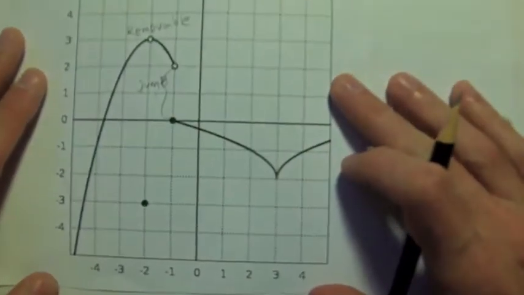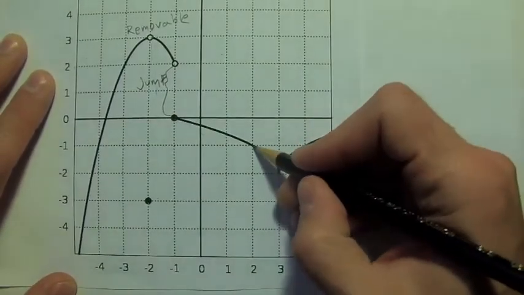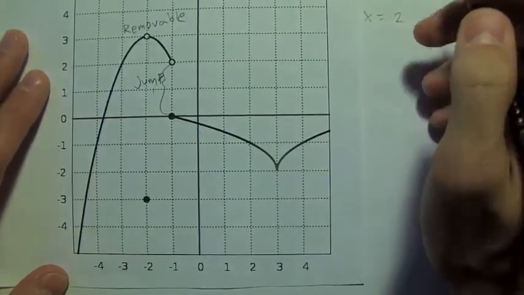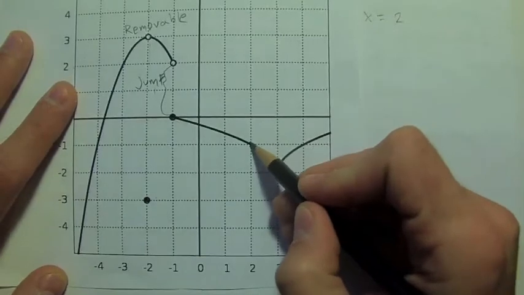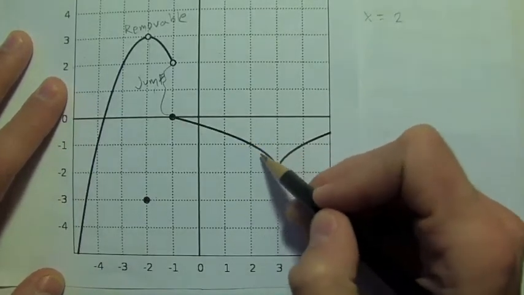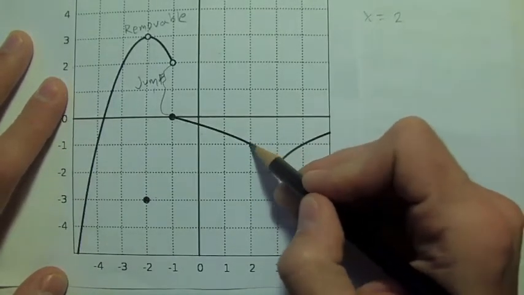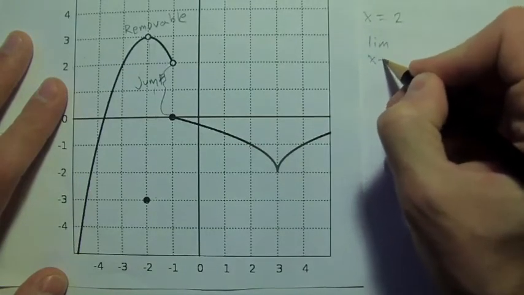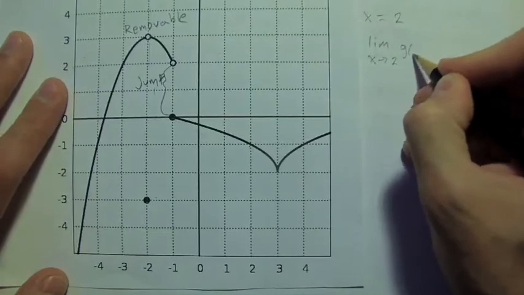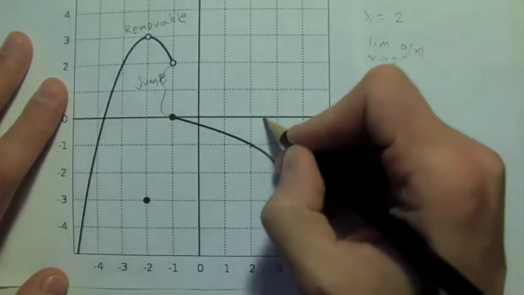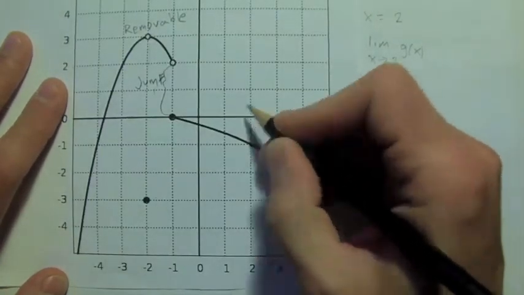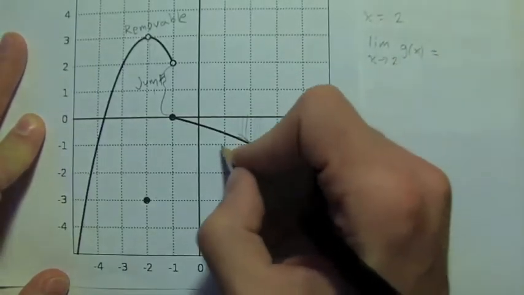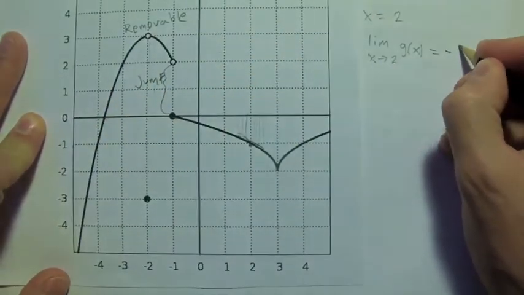Okay. Finally, let's look here at, say, 2. When x equals 2, we see, just from what we know, that this is continuous, but let's talk about limits in this case. Let's start with looking at the limit as x goes to 2 of g of x. And we see that on both sides, the graph is getting closer and closer to, if I map over here, negative 1.